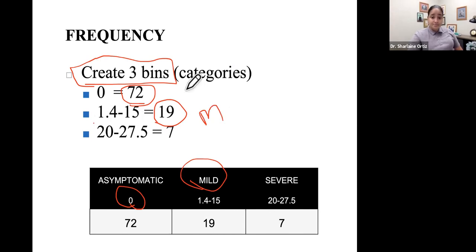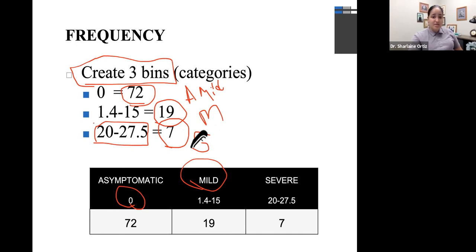Now notice, so this would be my asymptomatic mild score. And then when we're looking at severe, we noted that the tally was a total of 7 children that scored between 20 and 27.5. Therefore, we can categorize these children as having a symptomatic expression of ODD in the severe range.